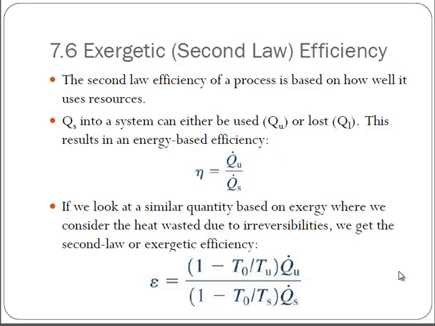One last topic that I want to cover very briefly is second law efficiency. It's also called an exergetic efficiency. A second law efficiency is looking at how well a process uses the available resources. And so if we look at it, we can basically say that, well, if I have heat transferring to a system, it's either used to do something or it's just lost, okay?